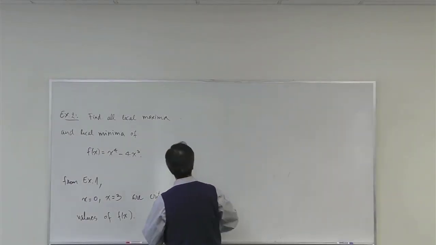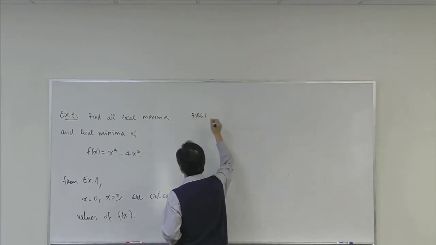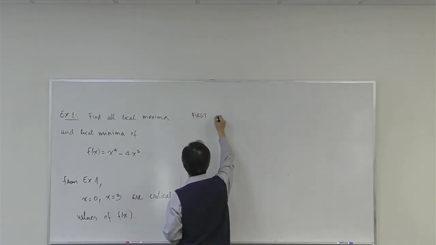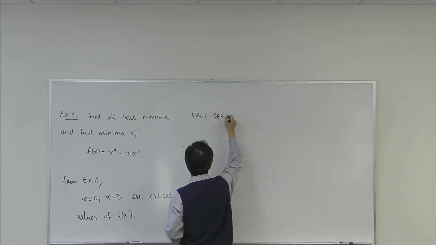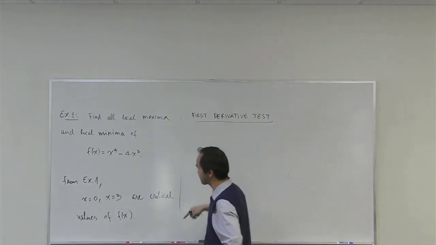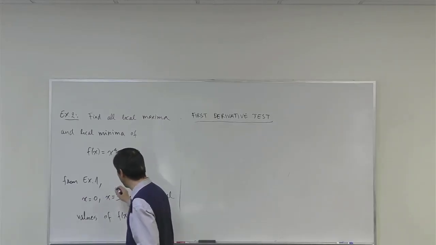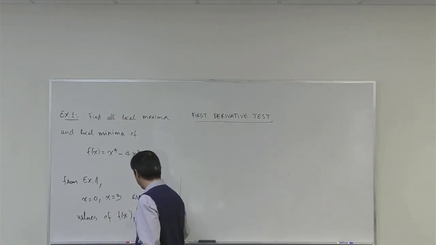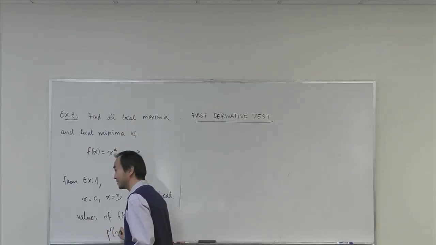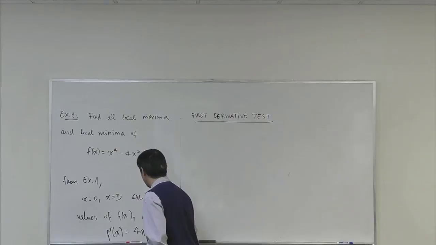The formal technique here is called the first derivative test. It's still this example right here, but the technique being brought in is called the first derivative test. The idea is that we're going to use the first derivative. And I should also mention, from example 1, we got these critical values, right? And f prime of x was found from example 1 to be 4x cubed minus 12x squared.